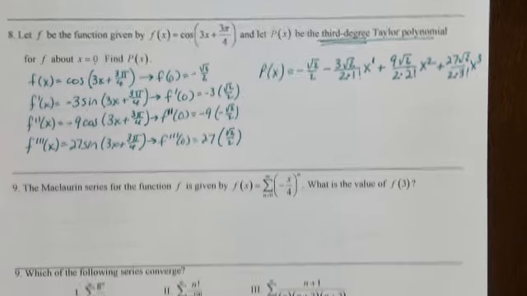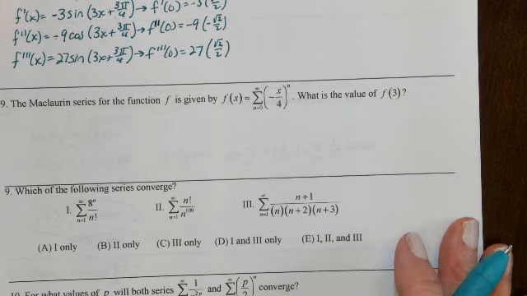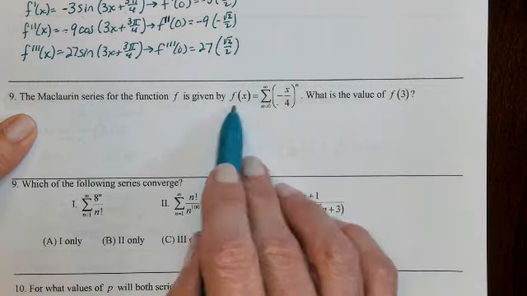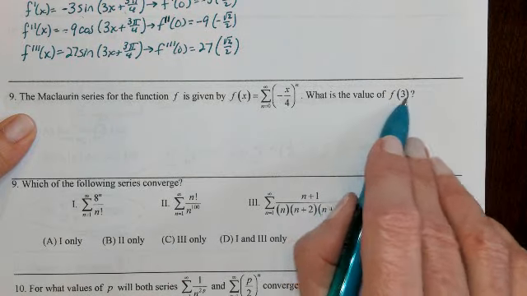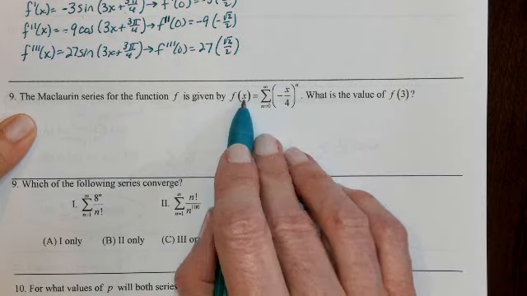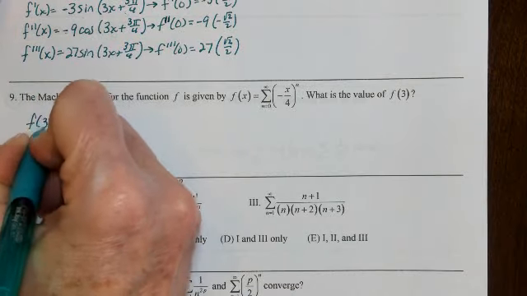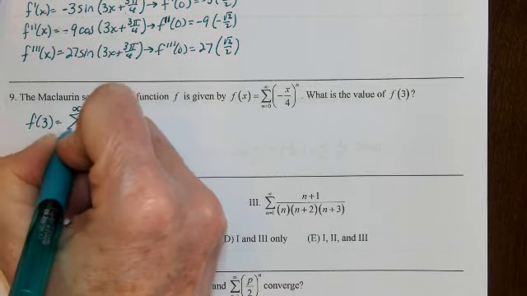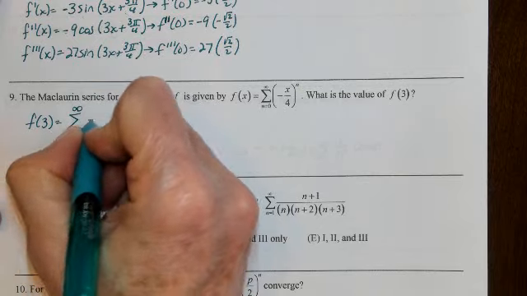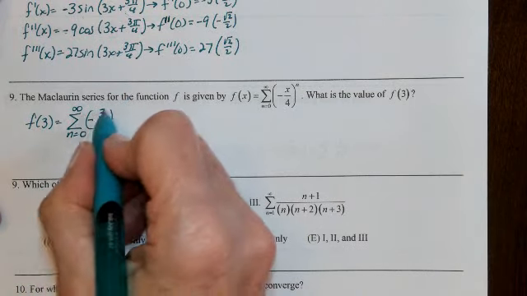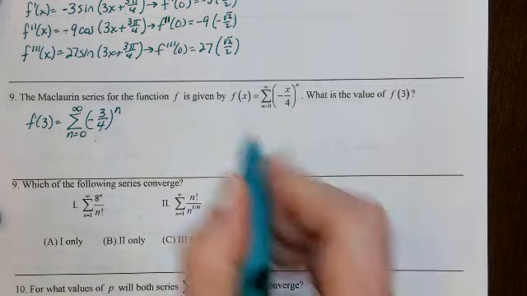Okay? Number 9. The Maclaurin series for the function f is given by this. What is the value of f of 3? So we're replacing x with 3. So f of 3 will be the series for negative 3/4 to the n.